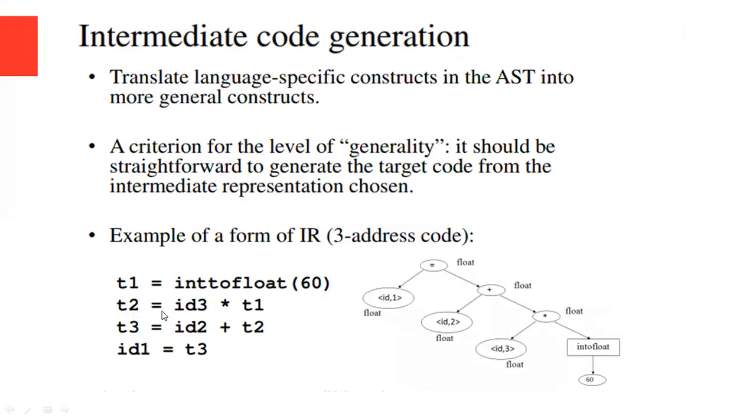And T2 is equals to, so what is ID3? That is rate. So ID3 is the rate into T1. T1 means int to float 60, that is 60.0. The value of this multiplication is assigned to T2. Okay, so the value is assigned to T2.